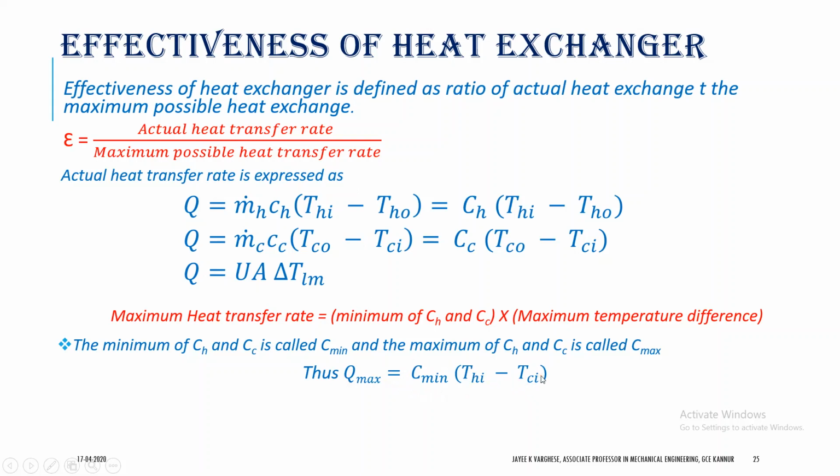Thi and Tci will be known in all cases. If at all some temperatures are unknown, they will be Tho and Tco. If we can obtain epsilon without knowing the outlet temperatures, then we can calculate the actual heat transfer rate as epsilon into the maximum possible heat transfer rate. So this method can be used.